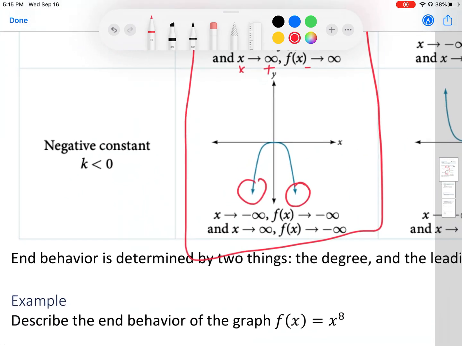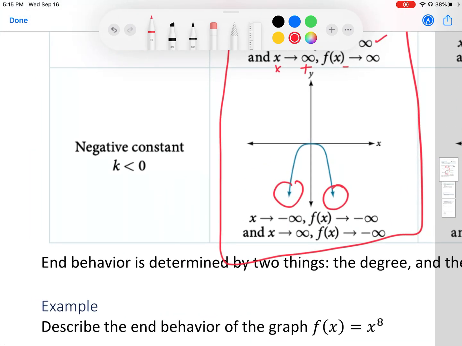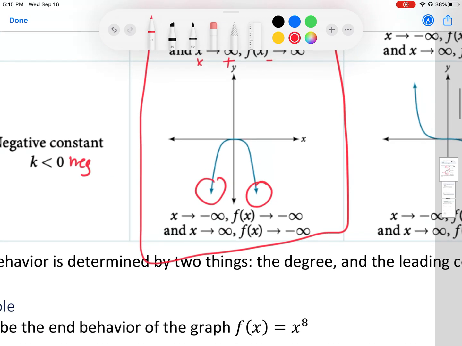Now, if your leading coefficient is negative, and you have an even function, both endpoints should be pointing down. So your leftmost side is pointing downward and your rightmost side is pointing downward.